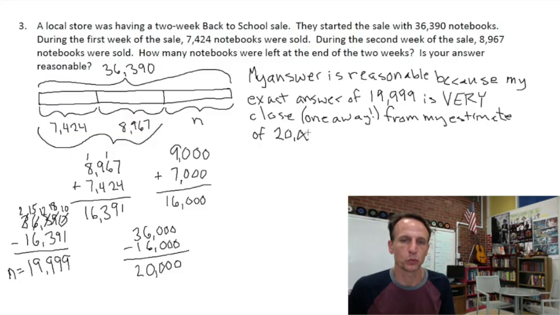And 20,000 what? Now we can define that: notebooks left unsold. So you see here in number 3, we put it all together.